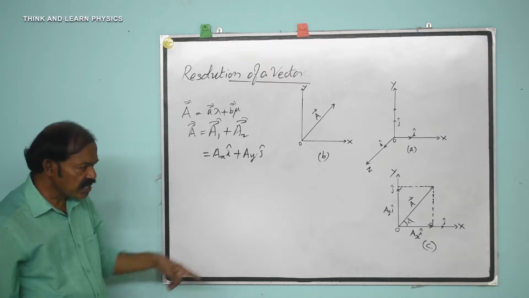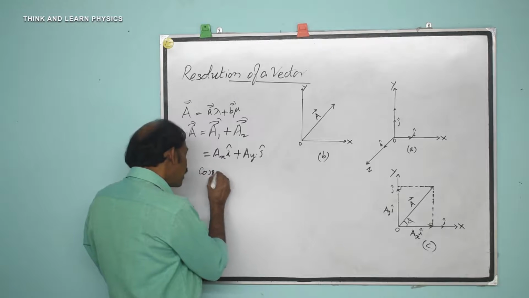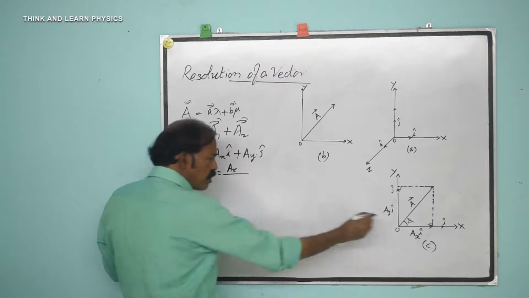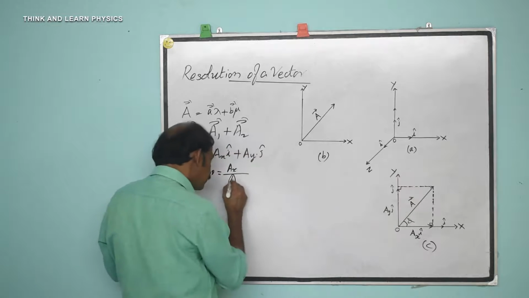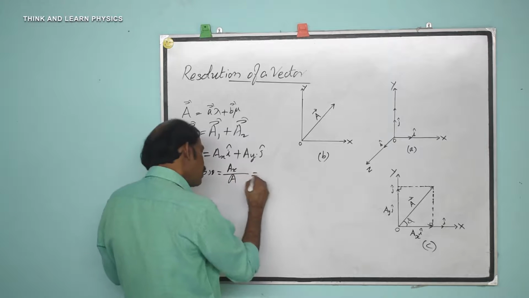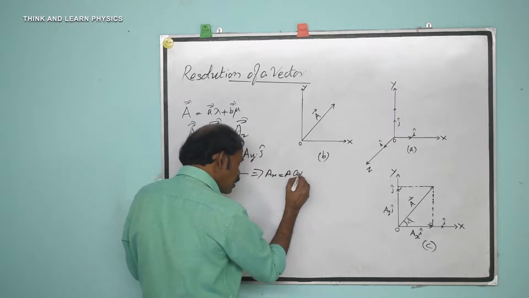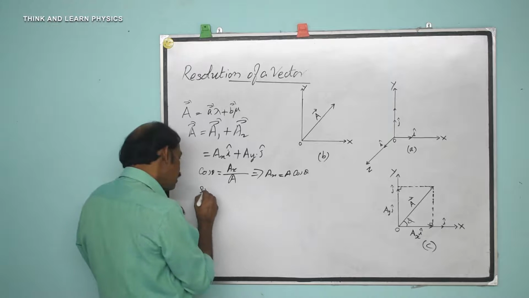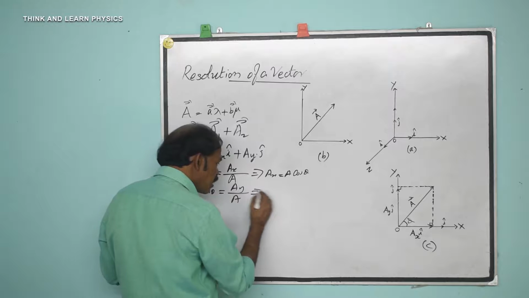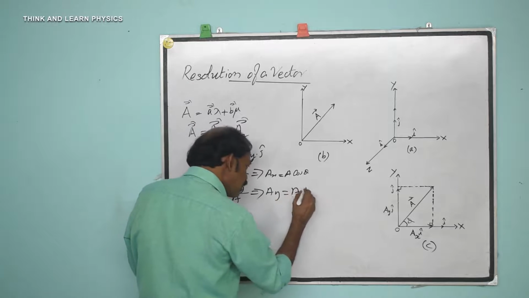That means from the figure we see that cos theta equals Ax divided by modulus of A vector, which means A. So this gives Ax equals A into cos theta. Similarly, sin theta equals Ay divided by A. It gives that Ay equals A into sin theta.